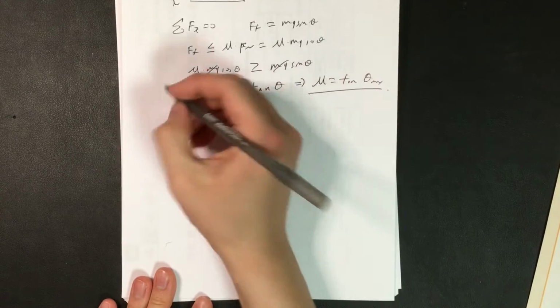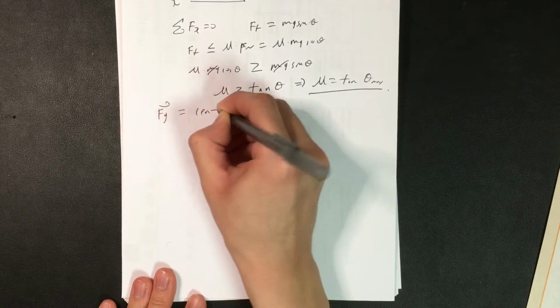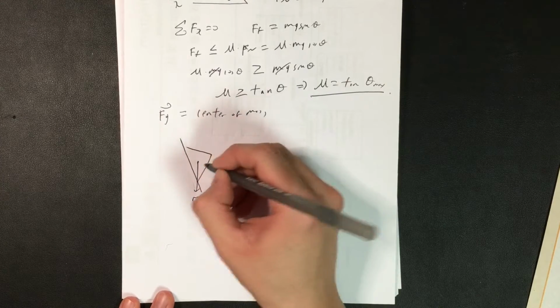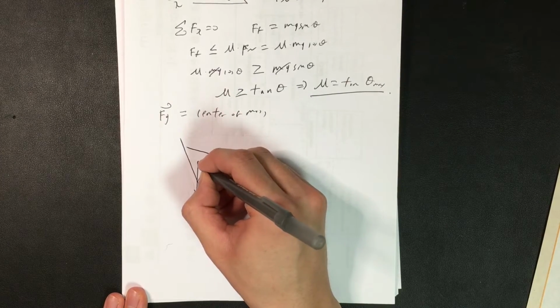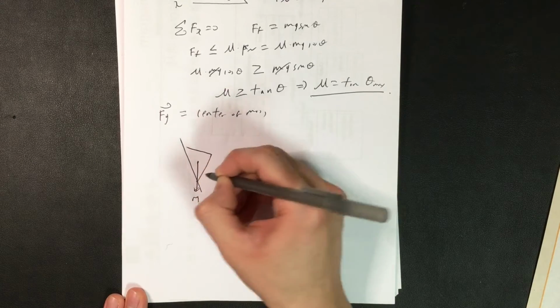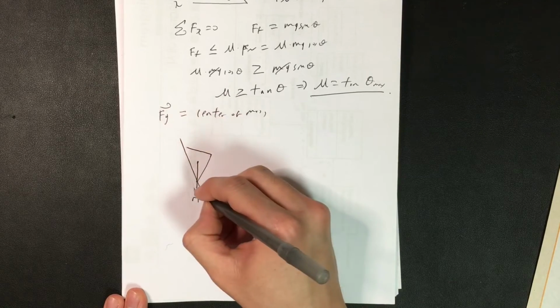Before calculating theta max, it is important to note that the force of gravity is exerted at the center of mass, which means for this isosceles triangle, if the force vector of the weight passes this point of contact, then this is when the object is going to start to topple.